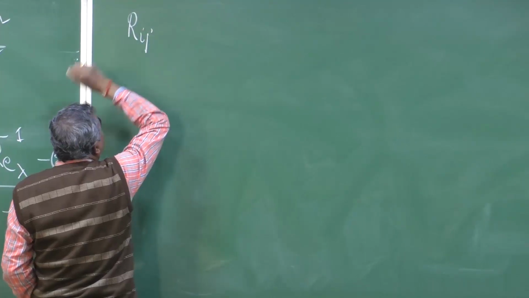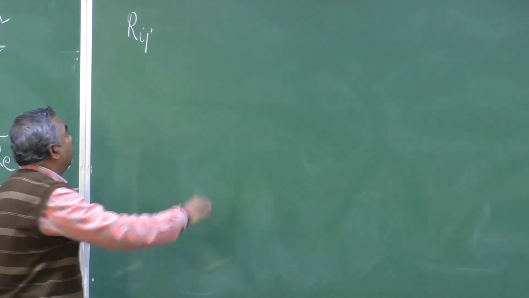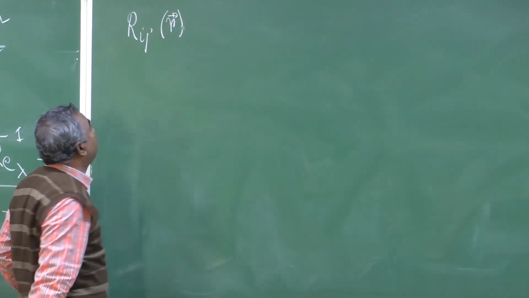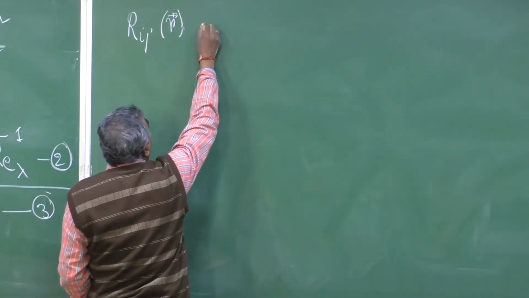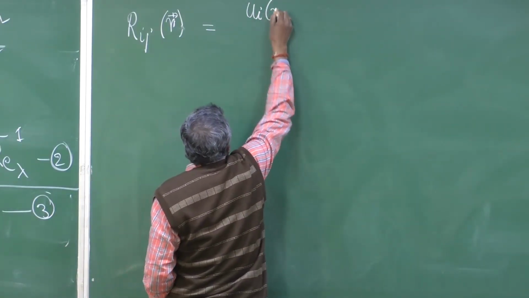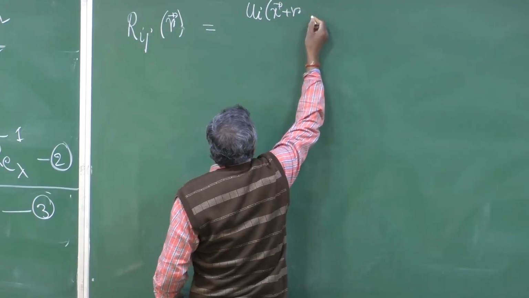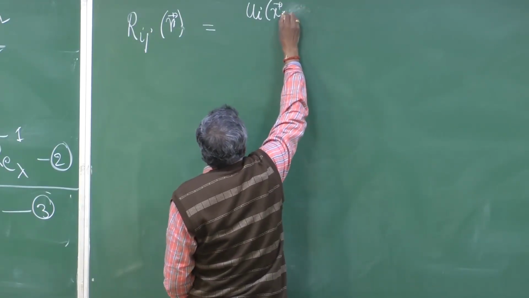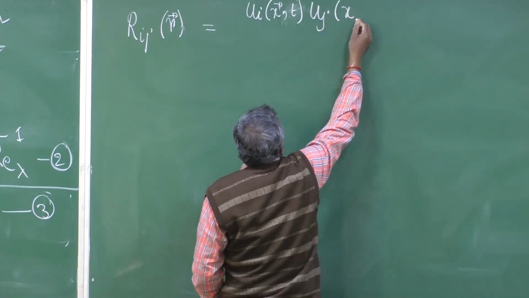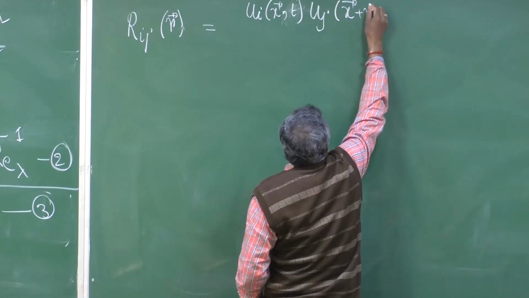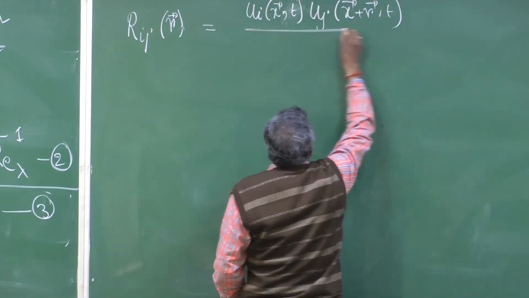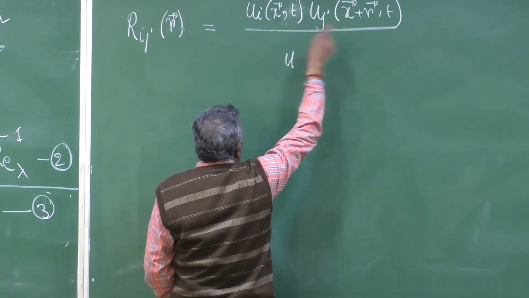Let us say the correlation tensor is Rij. Rij is a function of r only, and this can be defined as Ui at x, t times Uj at x plus r, t, and you need to normalize.